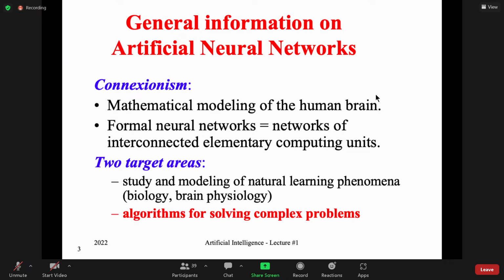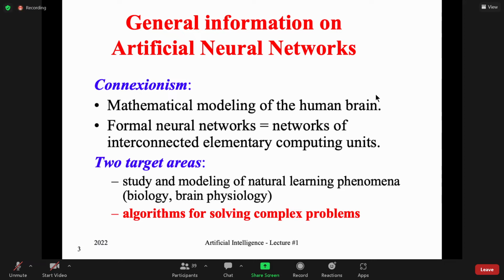So the first objective or first target area was to study and to model the behavior of the brain. Okay, how the brain works and so on. So they did some simulation for that. And there is again some very important development about that.